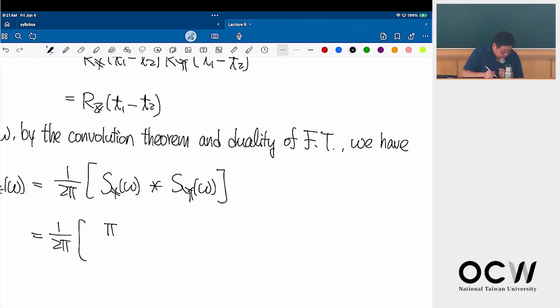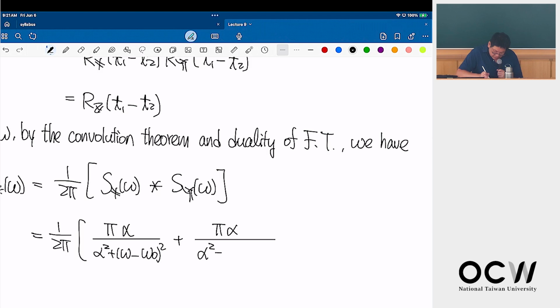So this is pi alpha over alpha squared plus omega minus omega naught squared, and pi alpha over alpha squared plus omega naught squared.